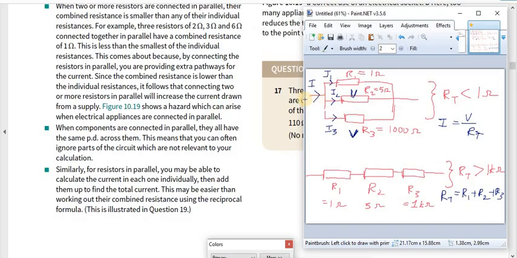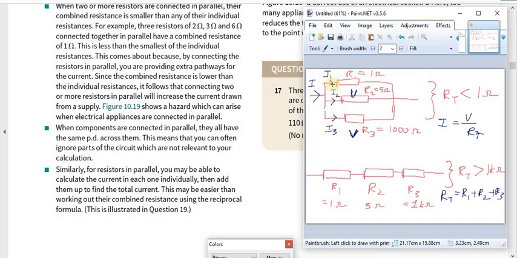So here it's much easier, they say, to find I by adding the individual currents rather than finding the total resistance and then dividing the potential difference across the resistors by that total resistance. This may be easier than working out their combined resistance using the reciprocal formula. To illustrate this, you can do question number 19.